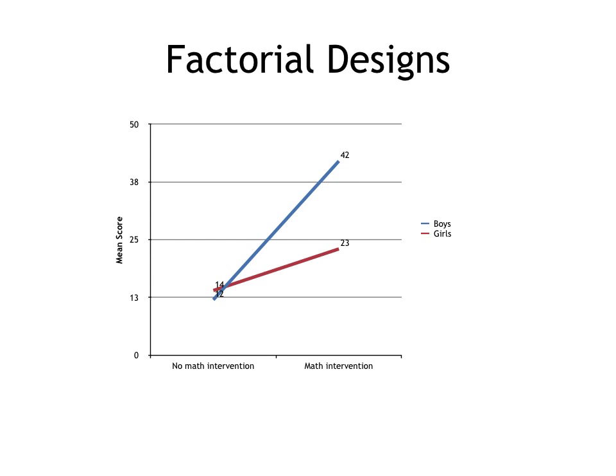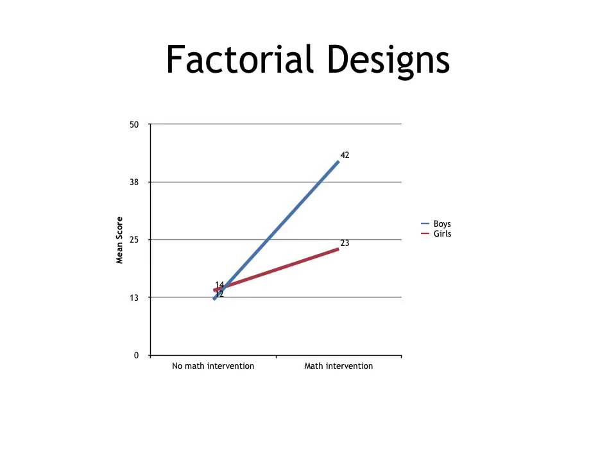Usually, this is represented with a graph. That's the easiest way to visually look at it. And when you look at a graph like this, you look over here at the starting point. The red line is girls, the blue line is boys. So if there was no math intervention, the girls and the boys scored about the same on the outcome. Now look over to the right where there was the math intervention.